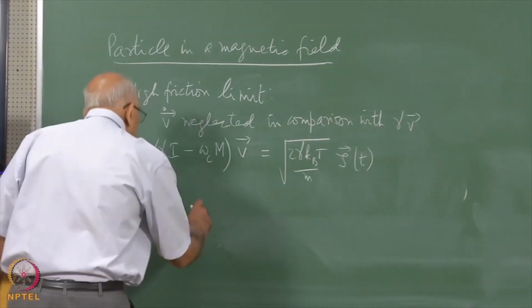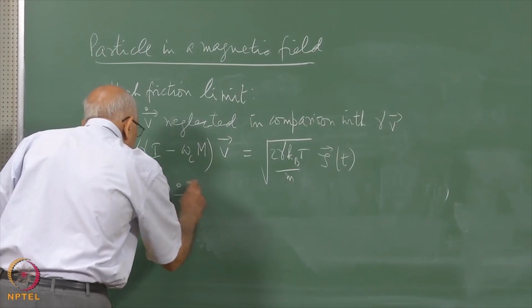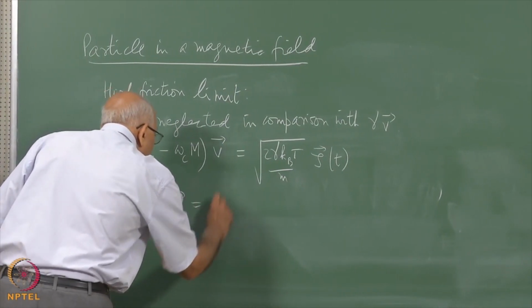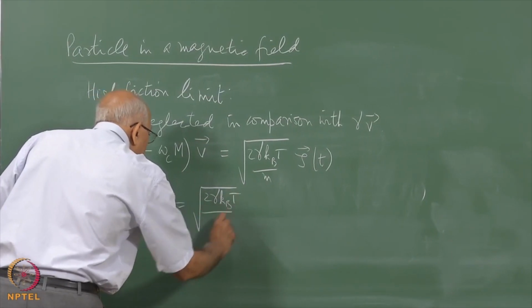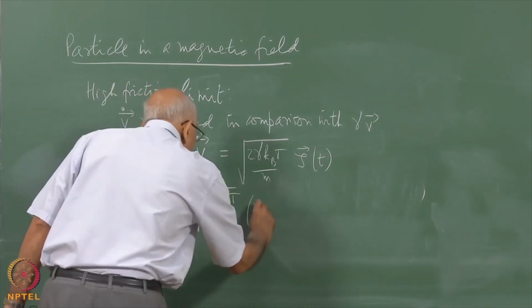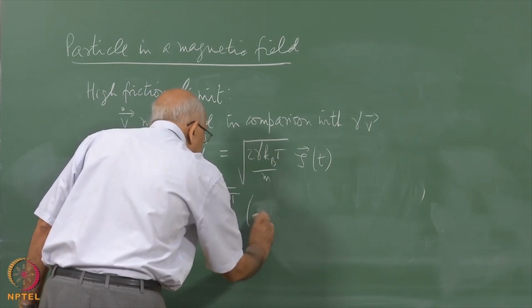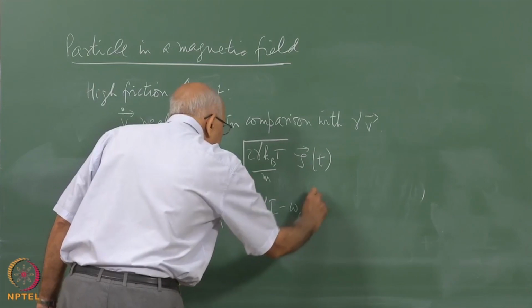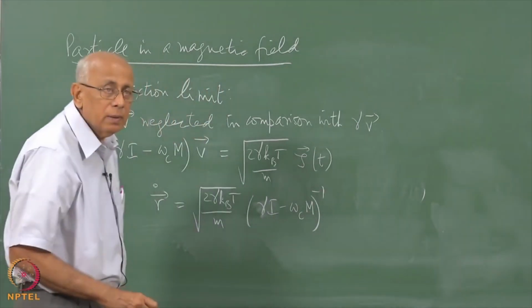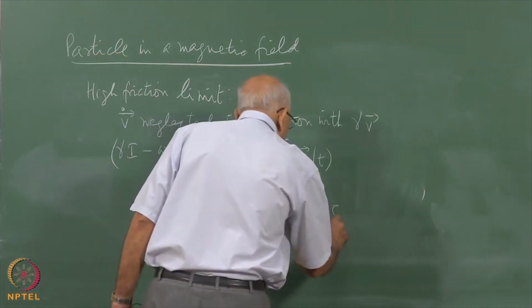So formally this says r dot equal to square root of 2 gamma k Boltzmann T over m times gamma I minus omega c M, the inverse of this matrix, acting on zeta of t.